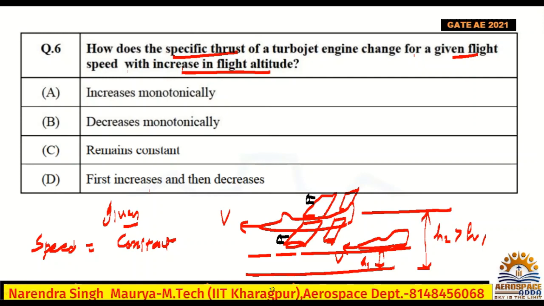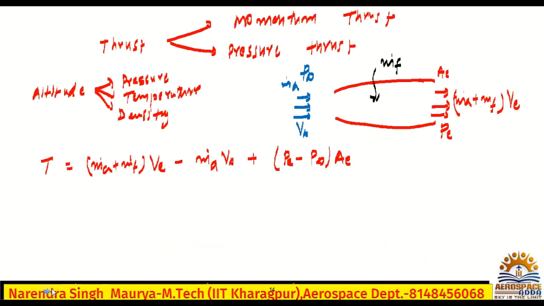All right. Now, the thrust formula you have written here. What is the specific thrust? I will say it is Fs, which is nothing but thrust divided by mass flow rate of the air.